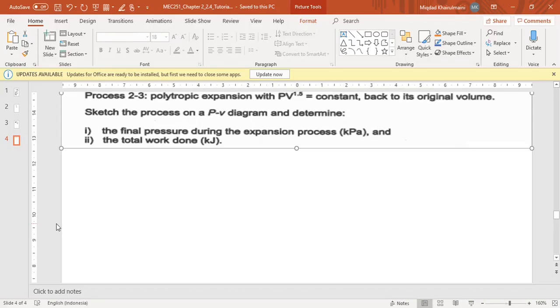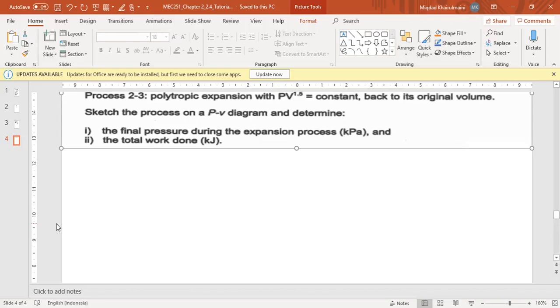I recommend opening table A2, but we can also open table A1, either one. If we open table A2, we have to look at 300 Kelvin, not the other temperatures, only 300 Kelvin, because that is the standard air temperature at which all these values are read.